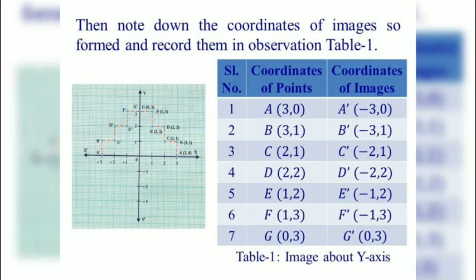That is, the mirror image of point A (3,0) is A' (-3,0). B (3,1) mirror image is B' (-3,1). C (2,1) mirror image is C' (-2,1). D (2,2) mirror image is D' (-2,2). E (1,2) mirror image is E' (-1,2). F (1,3) mirror image is F' (-1,3). G (0,3) mirror image is G' (0,3).